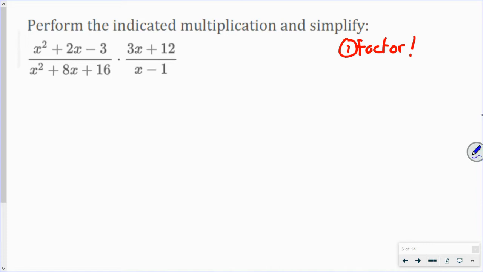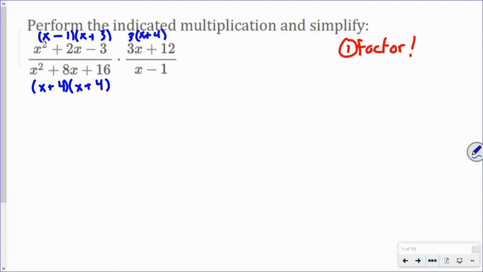Like this one, we're just going to factor out a 3, and you get x plus 4. Factors of 3 that subtract to 2: 3 and 1. Signs are different, the bigger one's positive, so x plus 3, x minus 1. Factors of 16 that add to 8 are 4 and 4. Signs are the same, both positive. That's a perfect square trinomial, actually.